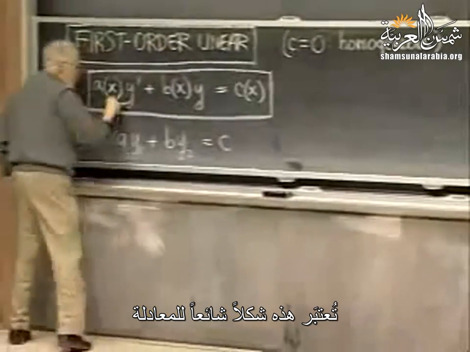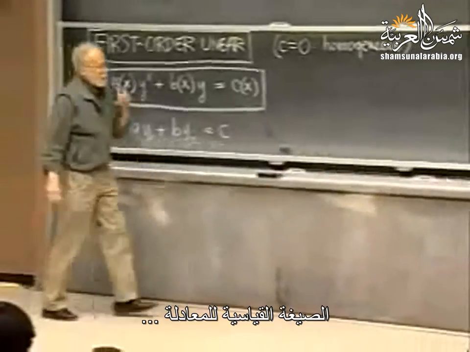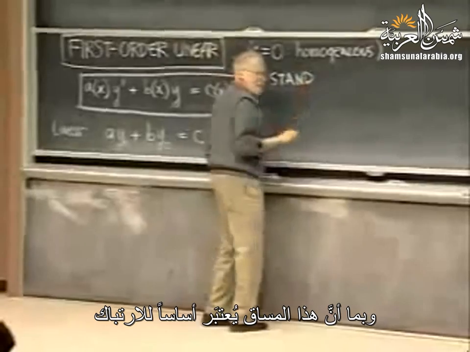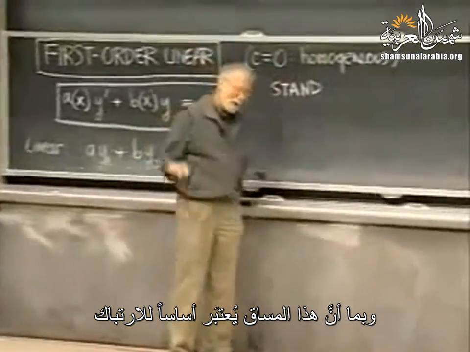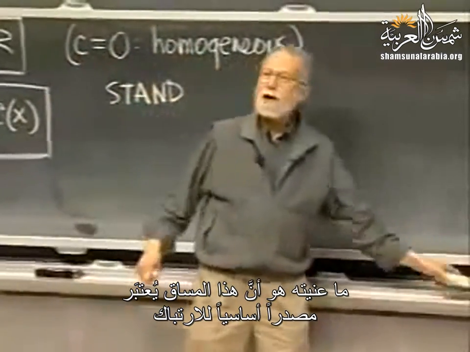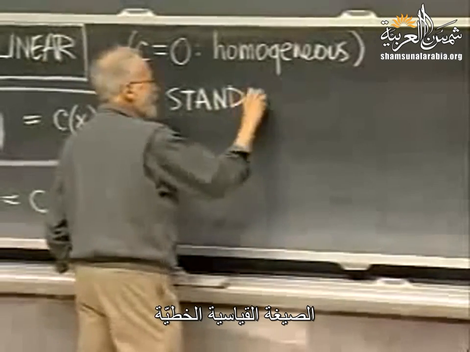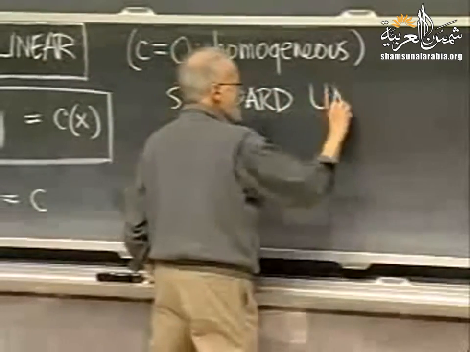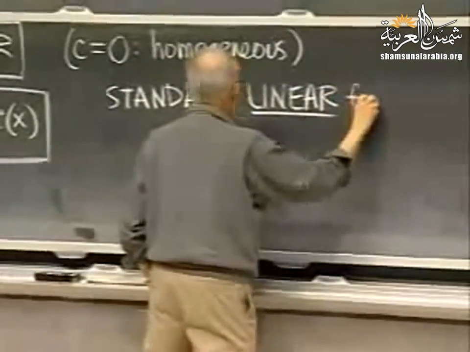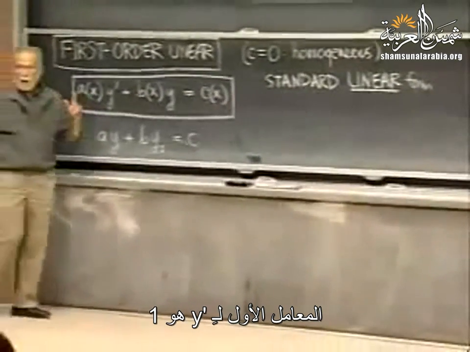Now, this is a common form for the equation, but it's not what's called standard form. The standard form for the equation, and since this is going to be a prime source of confusion, the standard linear form, and I'll underline linear, is the first coefficient of y prime is taken to be 1.